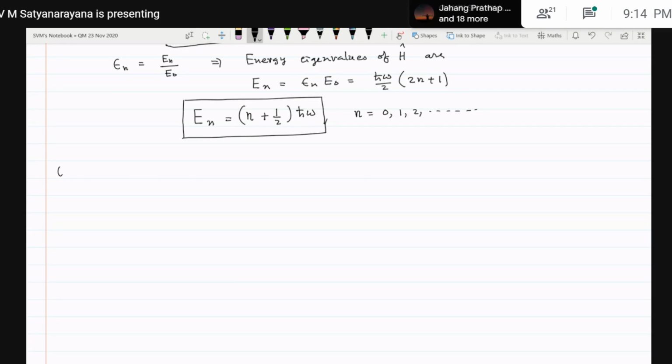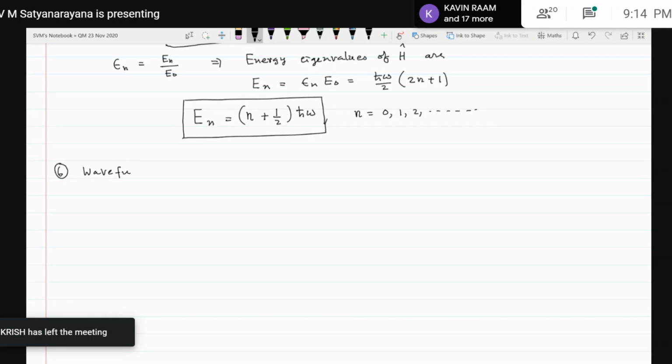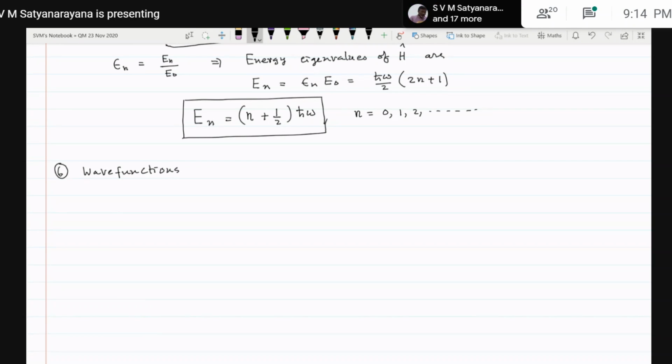Now we can ask what are the wave functions, or what are called energy eigenfunctions. Energy eigenfunctions. So you see, for example, let's say the lowest value.